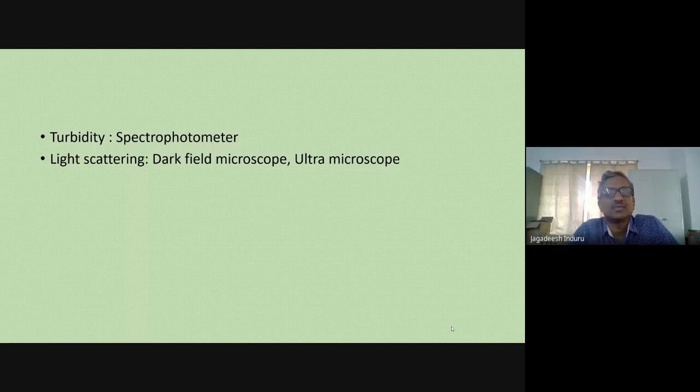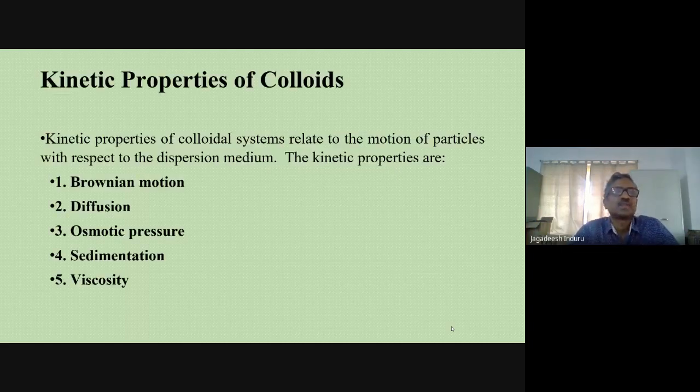So in the ultramicroscope, we observe this phenomenon. Whereas turbidity can be observed by the spectrophotometer, and the Tyndall effect will be viewed visually and directly against the dark background.